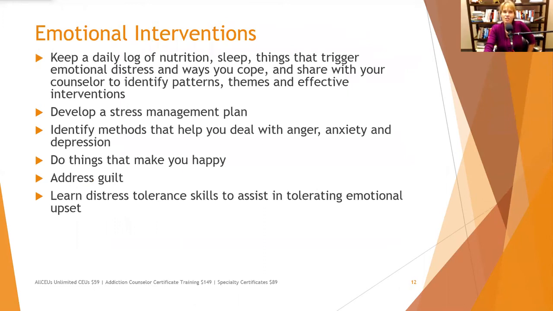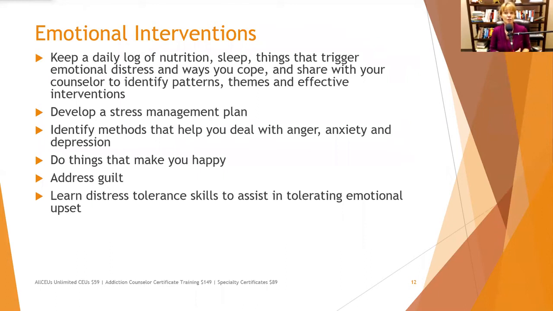Emotional interventions are not super numerous because all you're doing is addressing the feeling, but anything can help. Keep a daily log of nutrition, sleep, things that trigger your emotional distress, and ways you cope. So that's 4 things, but they're important because you might find connections between your poor nutrition or drinking too much caffeine and your emotionality, or poor sleep and your emotionality.